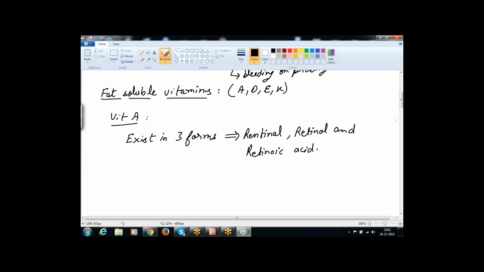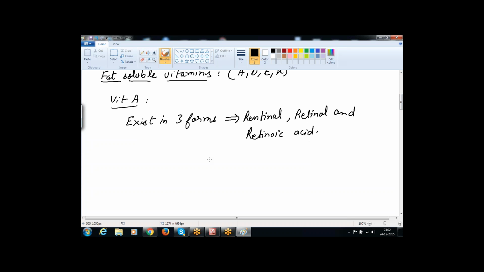Now these three forms help in, so this is a coenzyme for synthesis of the pigment rhodopsin.